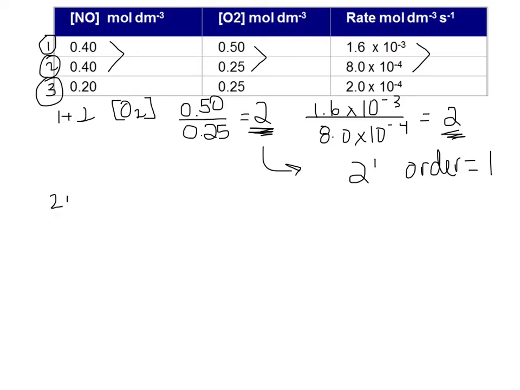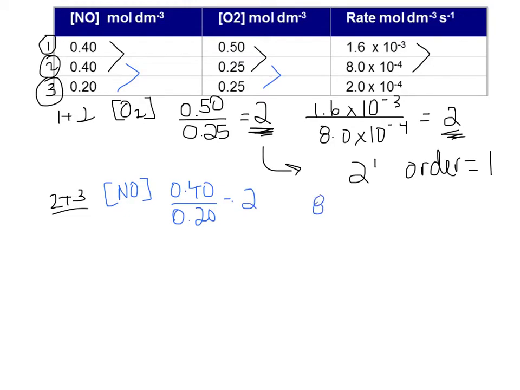If we look at experiments 2 and 3, let's pick a different color, then NO is changing and O2 is constant. The rate is going to then change dependent solely on the NO concentration. That is changing by 0.40 divided by 0.20, which is 2.